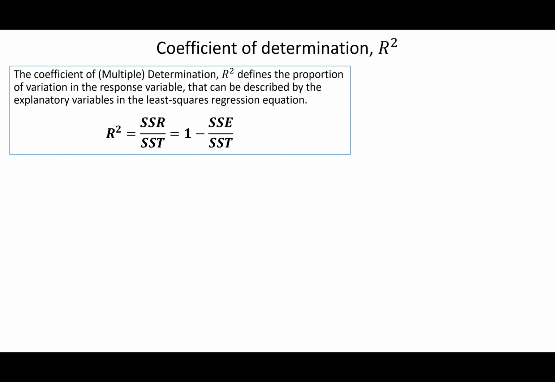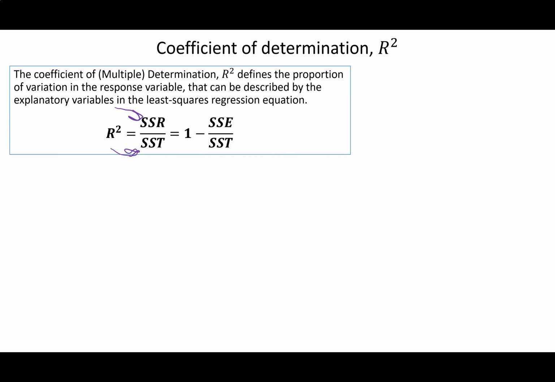So one thing that we'll use is the coefficient of determination, R squared. Here, R squared is going to look at the sum of squares from our model, or sum of squares regression, over our sum of squares total. So how much variability is explained by the model over all of the variability that there is to explain.